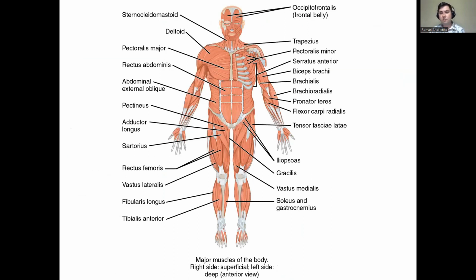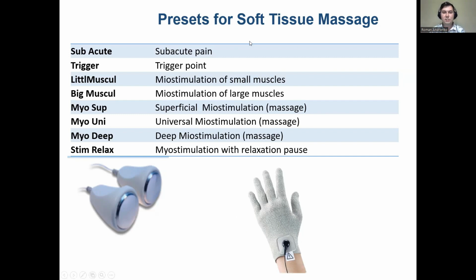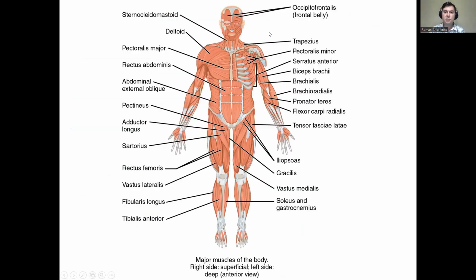Also, to help us navigate when we're dealing with conductive gloves, tissue massage, or myostimulation, we can always have the muscle scheme in mind. Scenar allows you to use pons or gloves to make any particular muscle contract in your way, how you want it.